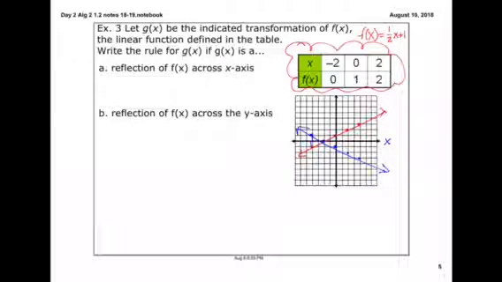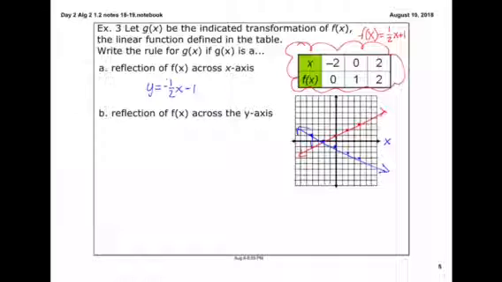A reflection of f of x across the x-axis would give us y is equal to, our slope would be down 1 over 2, and our y-intercept would be negative 1.